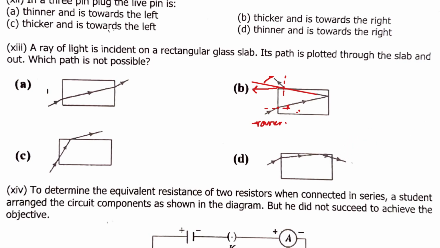So the examiners made a mistake. Okay, it will be C, because you cannot have it going undeviated like this. It had to turn this way. Correct or no? It has to turn towards the normal here. It cannot go undeviated.